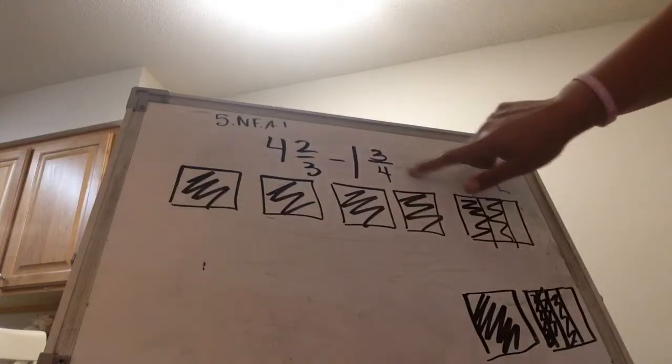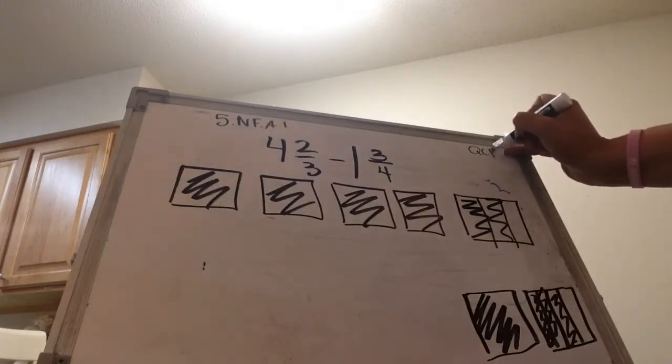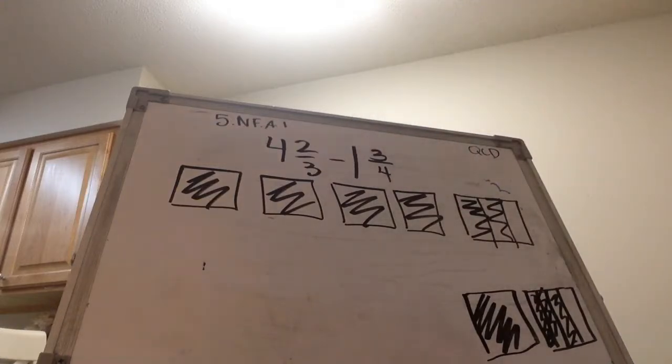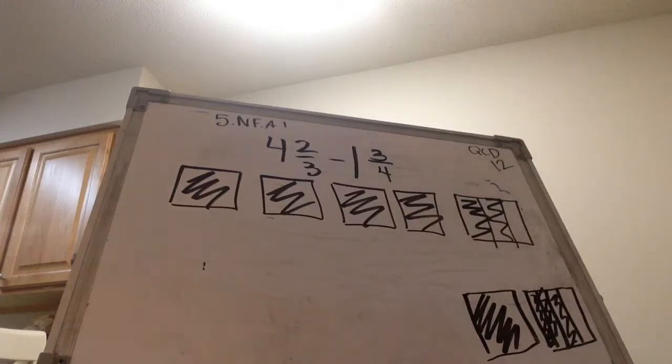So I noticed that 4 and 3 are not the same denominator, so I have to find a common denominator. And we have talked about there are a few strategies that we can use. We can use a strategy called the quick common denominator, which is where we can multiply the denominators together. And if we do that, our common denominator is 12. We can also use the LCM, or the least common multiple strategy.